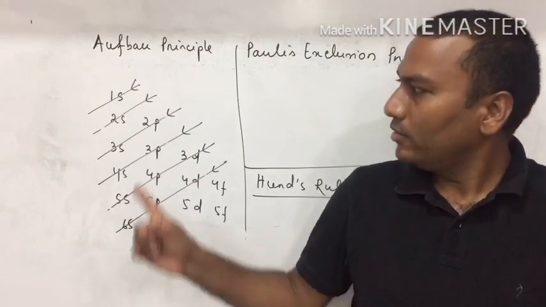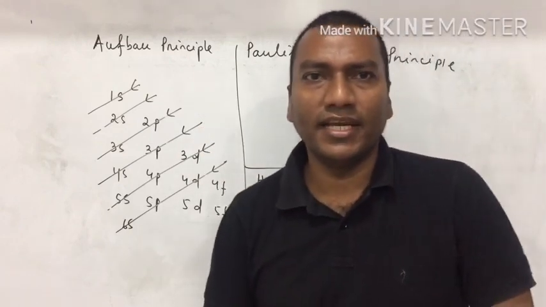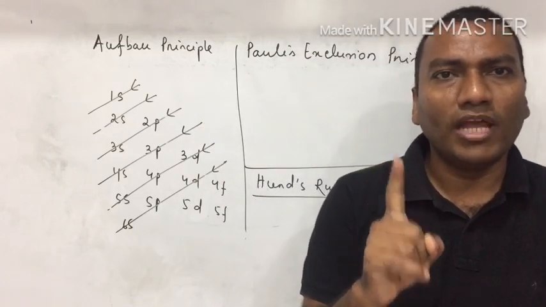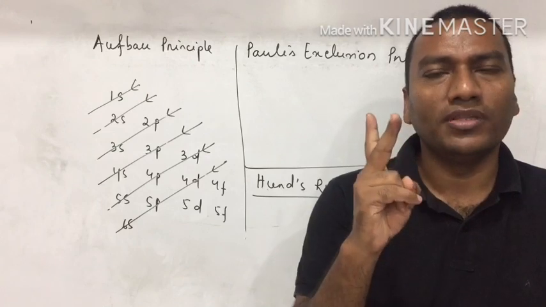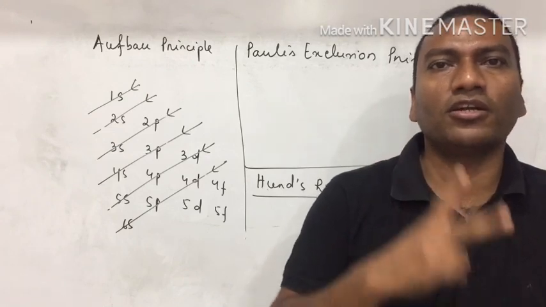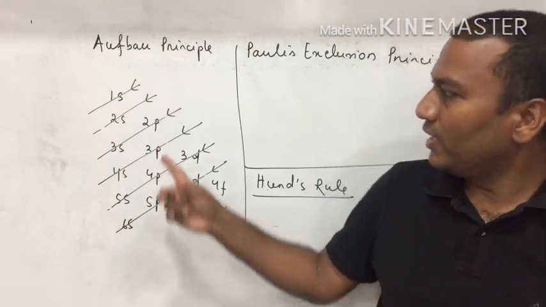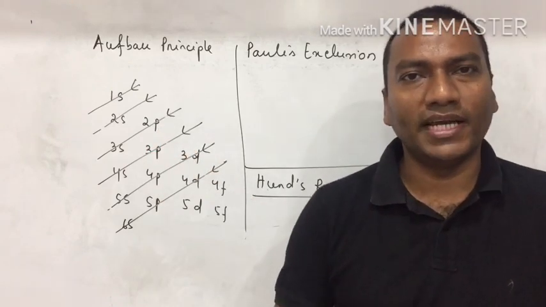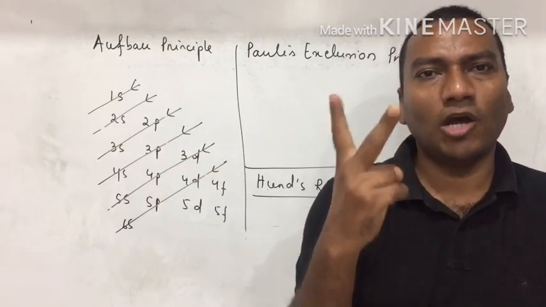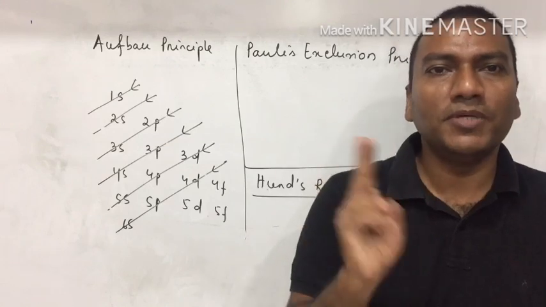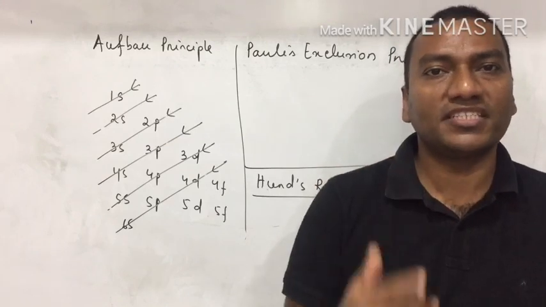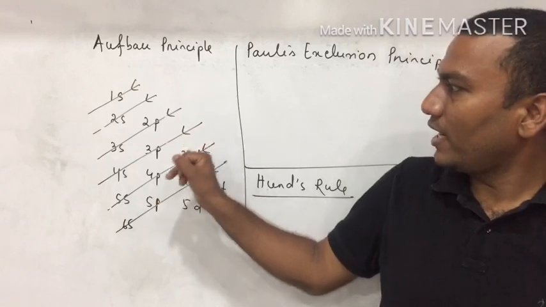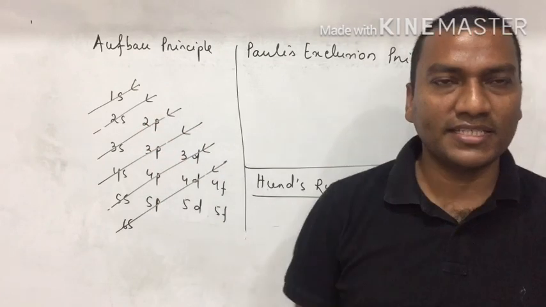Clear now? Now tell me, s subshell has how many orbitals? 1. One orbital contains how many electrons? 2. That means s subshell holds 2 electrons. Similarly, p subshell has 3 orbitals, each containing 2 electrons, so p subshell contains 6 electrons. That's why we write 2p6, 3p6, like this.